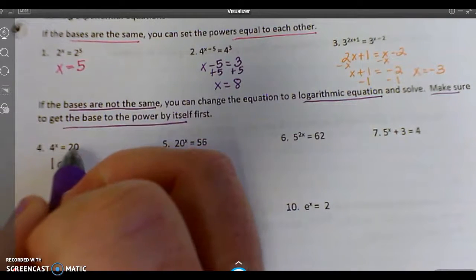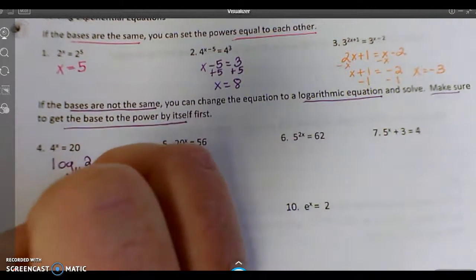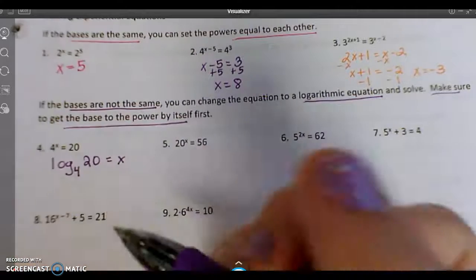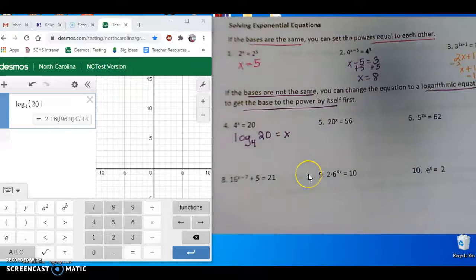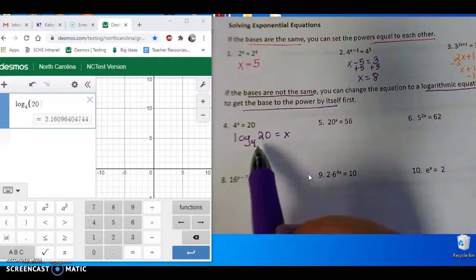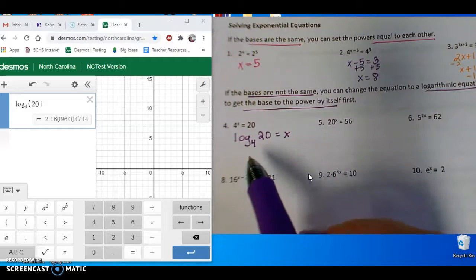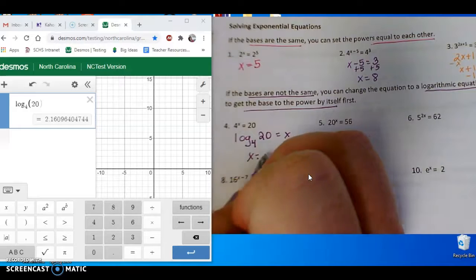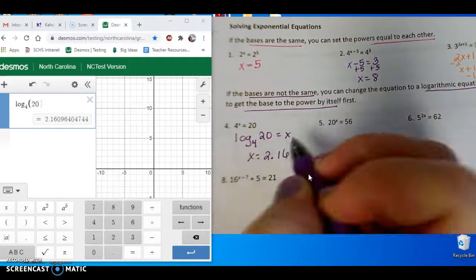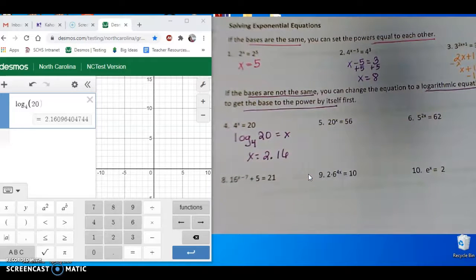Remember, it goes 4 all the way to there and back to the power, so 20 goes here, and then x. So after you rewrite it in logarithmic form, then you can just find out what log base 4 of 20 is. And a lot of times you're going to get decimals. If you want to round it to 2 places, we could just get in the habit of 2 places. Because even if you're talking about money, it's 2 places, so we'll leave it at that.